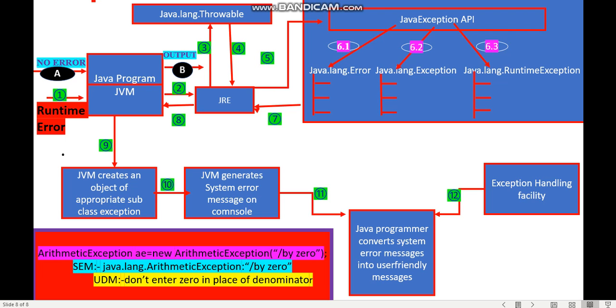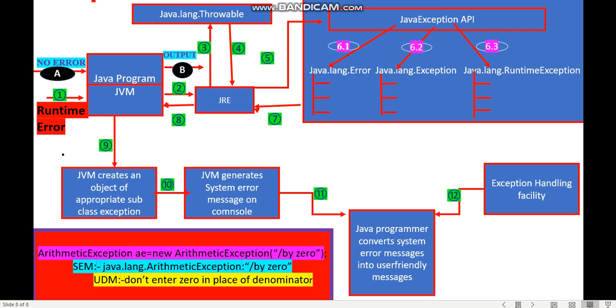Then JVM creates an object of the appropriate exception class, that is, ArithmeticException AE equals new ArithmeticException("division by 0"). In step 10, JVM generates a system error message on the console, like java.lang.ArithmeticException: division by 0. This is the system error message.